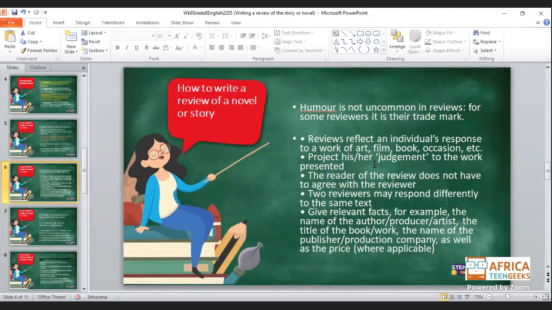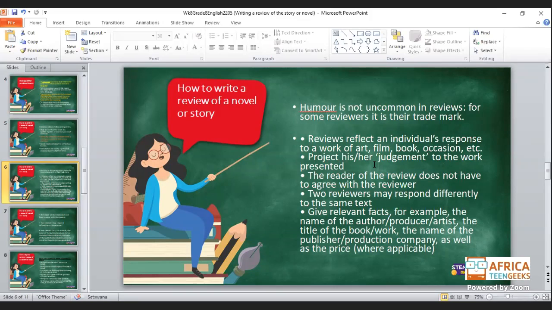So if we are reviewing a novel, you'll be putting your own judgment about what the novel is about and how it was for you. And one thing you need to remember when you write a review is that you need to acknowledge the fact that not everybody will agree with your review.